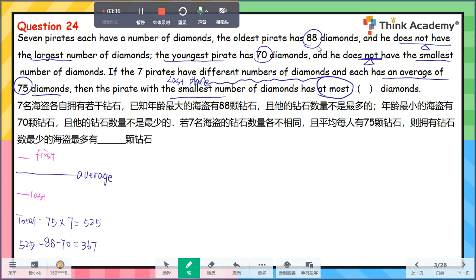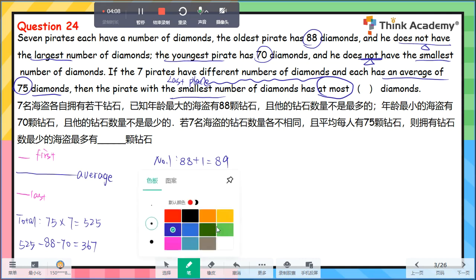But because we know 88 is not the biggest number, to ensure the first place gets less, let me call him number 1 pirate. At least we need to ensure the number 1 pirate gets 89 diamonds.